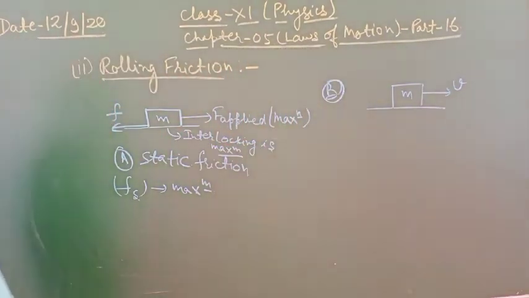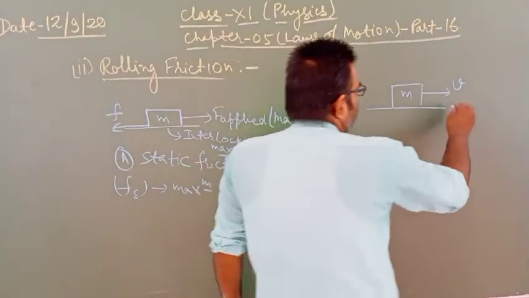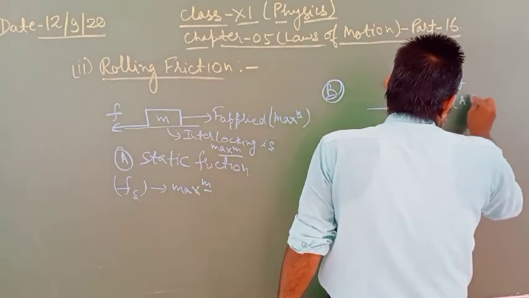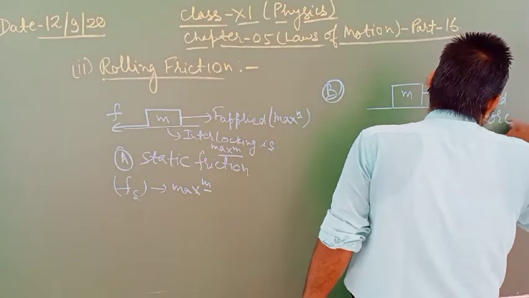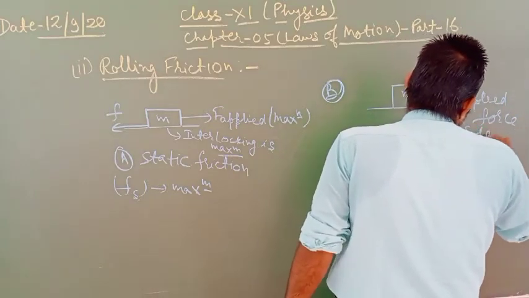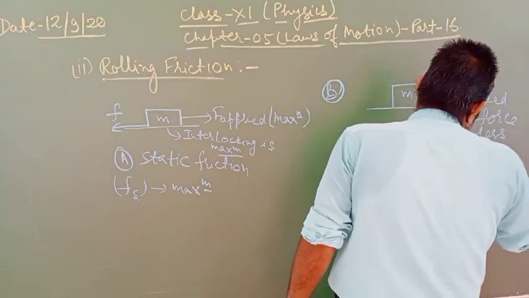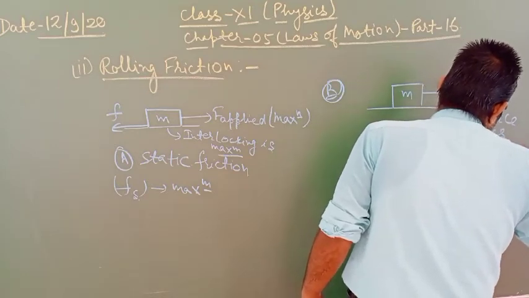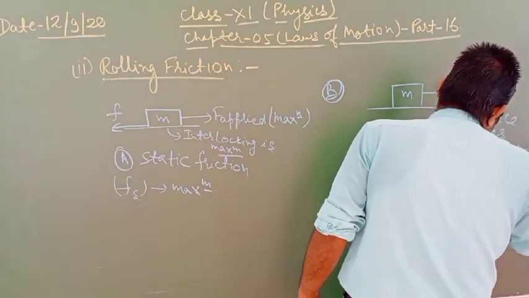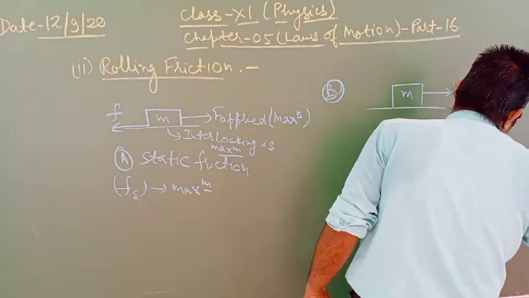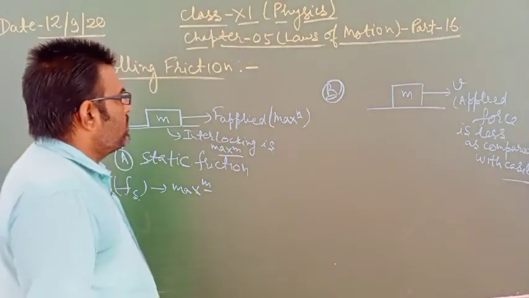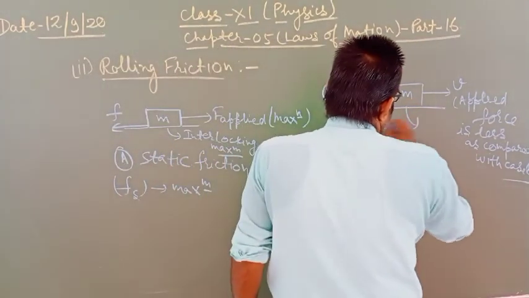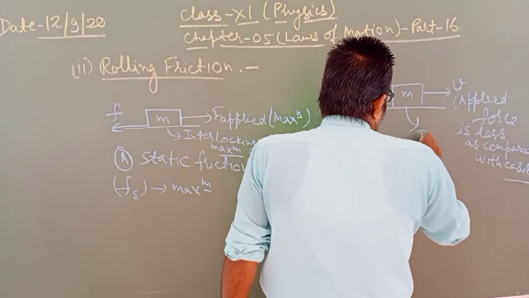And if the block of mass m is moving with velocity v, then the applied force and interlocking are less as compared with case A.